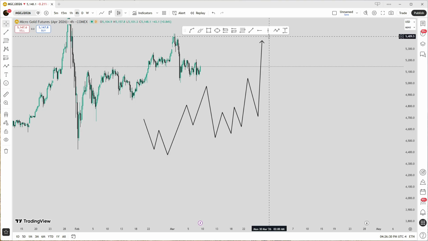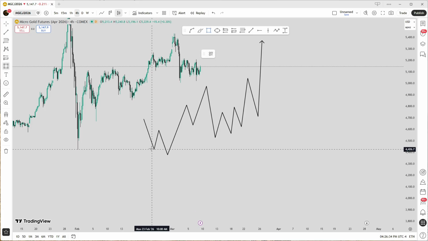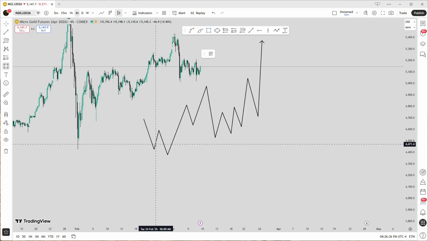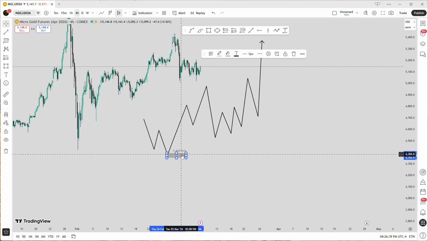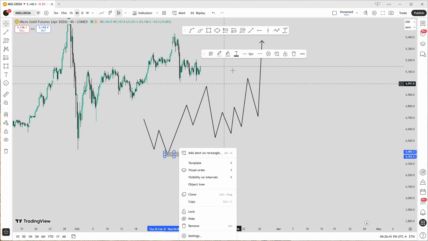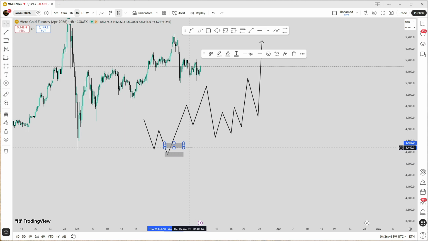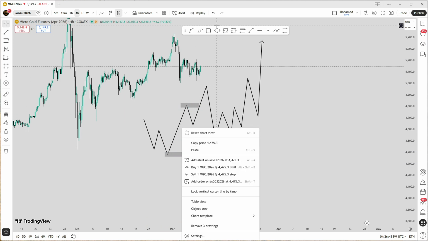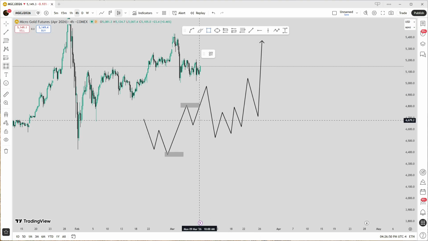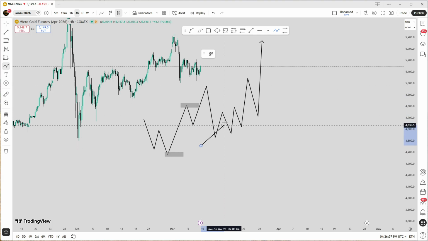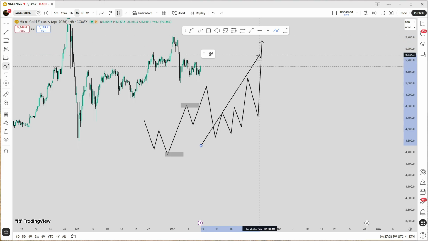As we can see here on the 4 hour, price made a low, this was the last low, then the market came, made a higher high, higher low, higher high, then created a lower low, ranged a bit, higher high, higher low, and then it starts to trend again.